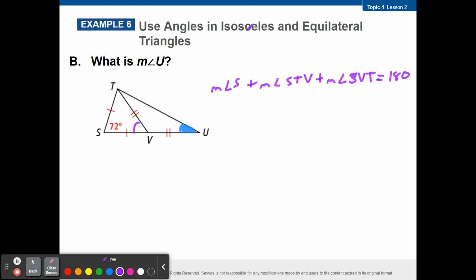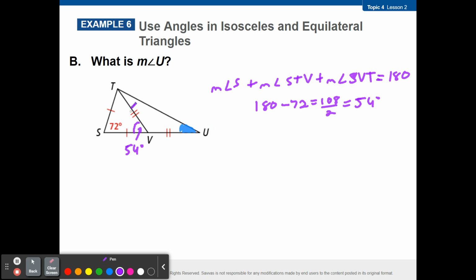But remember, these two are congruent. So your best bet is to take 180 minus 72, which gives us 108. Then divide that by 2, giving us 54. So that takes care of the first angle right here, which is 54 degrees.